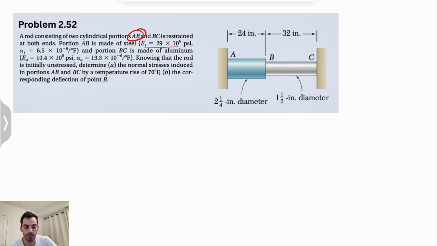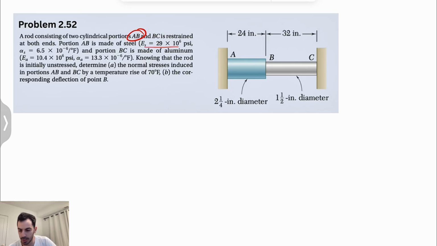At the end of this, we're dealing with two different deflections. One of them would be the elongation that is coming from the temperature increase, and the other one would be the compression force that is applied from the wall to each of these two portions.